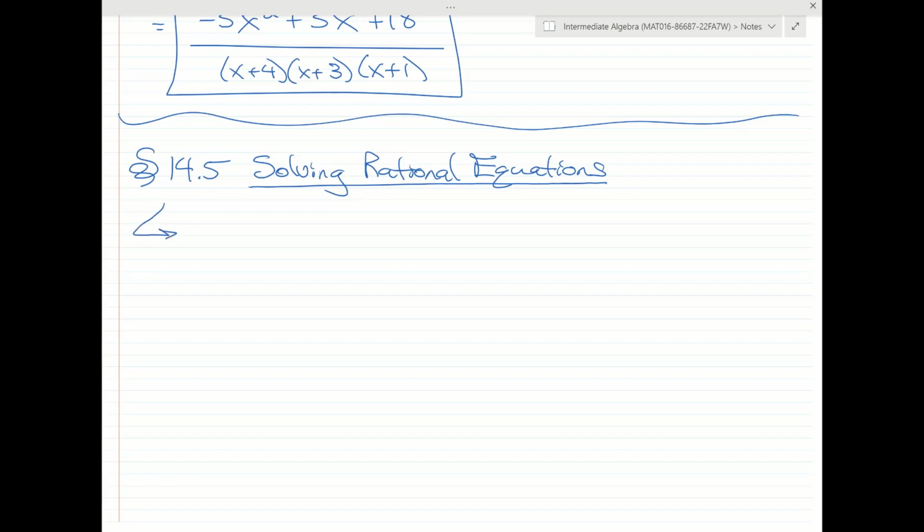is eliminate fractions. So to eliminate fractions, we multiply by the least common denominator.